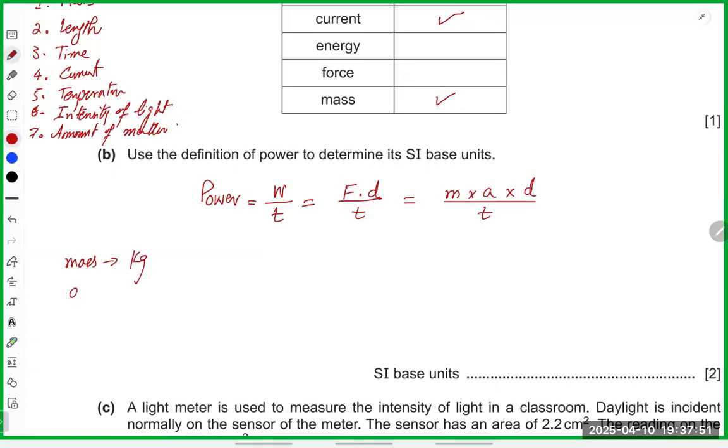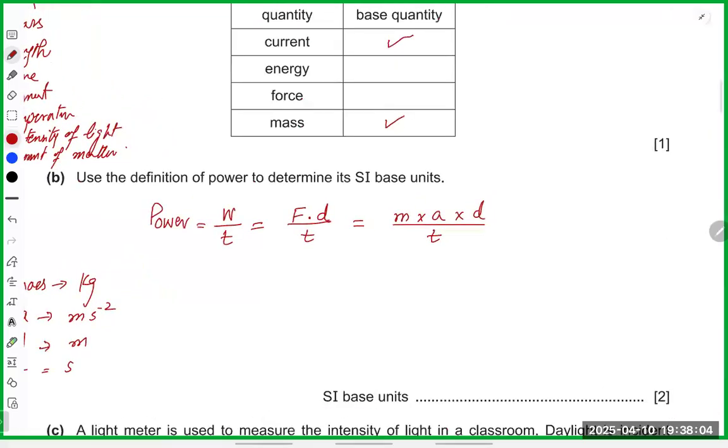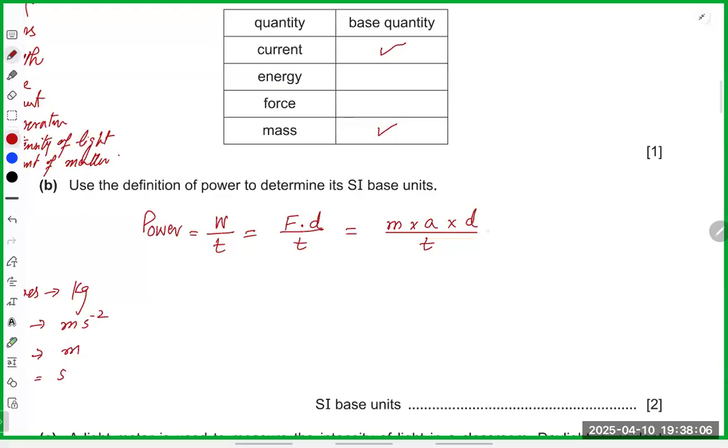Kilogram. Unit for acceleration? Meter per second square. For distance? Meter. For time? Second. Put these units over here and then simplify. Kg, meter per second square, meter divided by second.